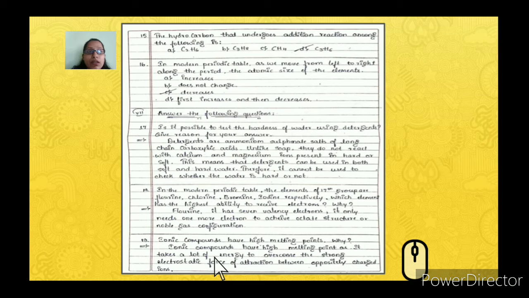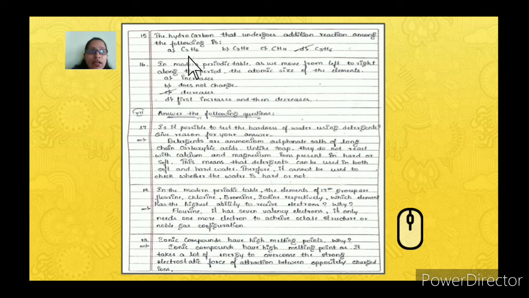Moving on to the next one: the hydrocarbon that undergoes addition reaction among the following. An addition reaction is when one small molecule adds on to another molecule to become a larger molecule. Based on that, we need to find which option undergoes addition reaction.